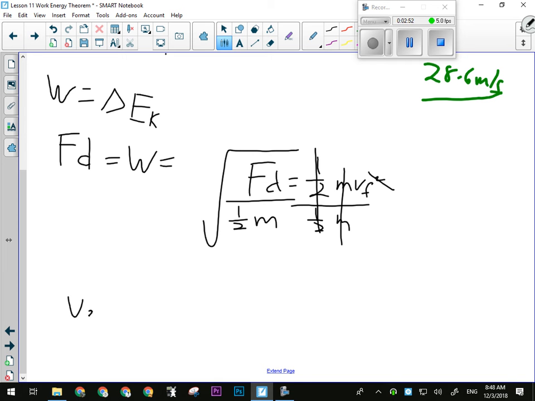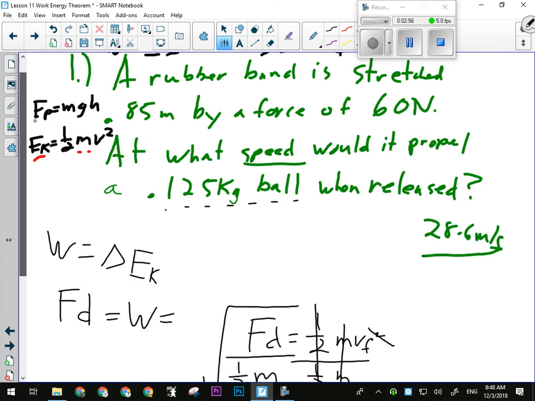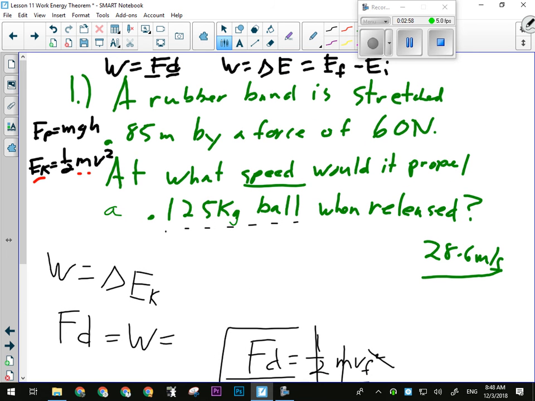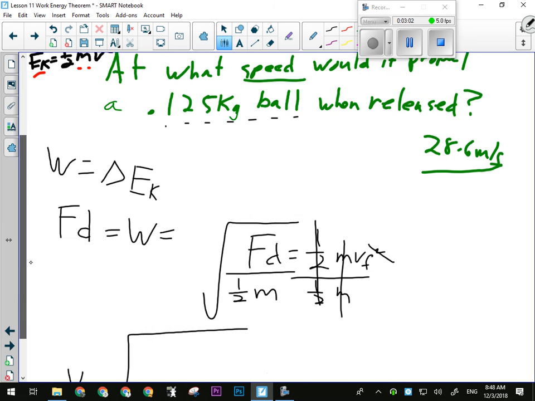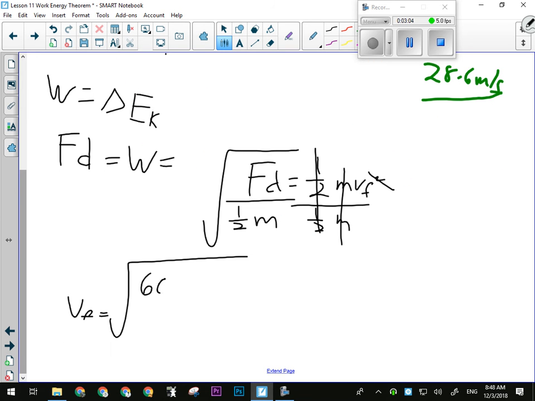When I plug in my numbers, VF will be the square root of the numbers we were given here. 60 newtons was our force. We stretched it 0.85 meters. Then we divide that by half of the mass, and the mass was 0.125 kilograms.